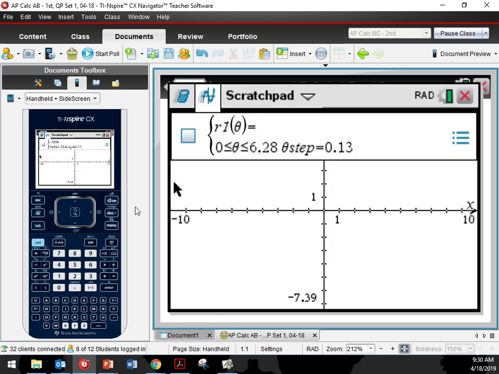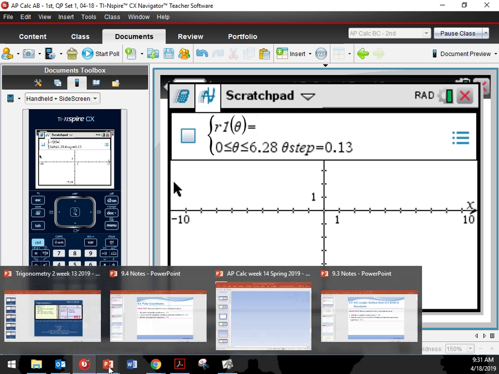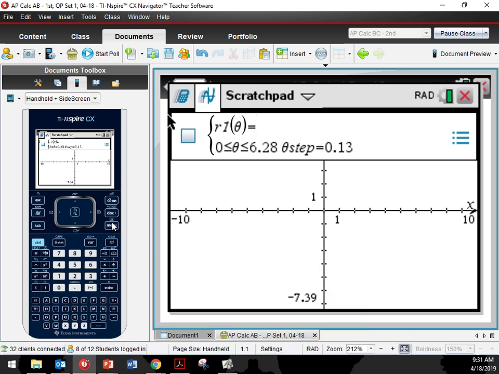Alright, so what was my function? No, this is parametric, not polar.